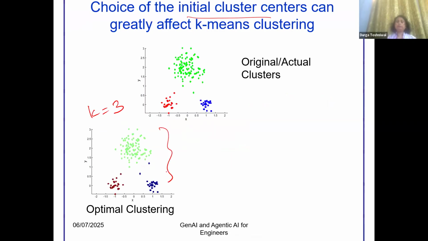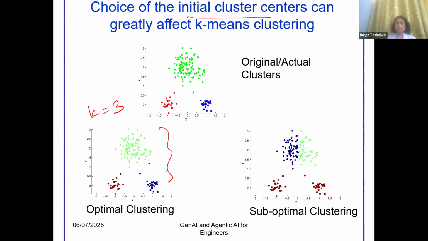Accordingly the cluster centers might have been chosen somewhere here and they converged correctly. But if the cluster center choice was done in such a way that there was a cluster center chosen here, here, and somewhere here, then what could it give? It could give clusters like this.